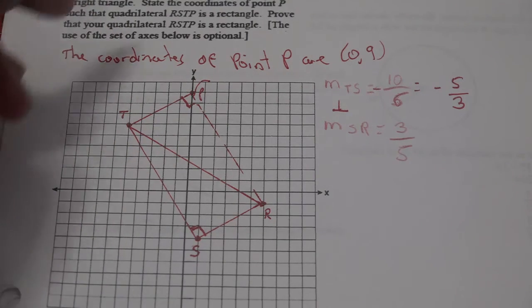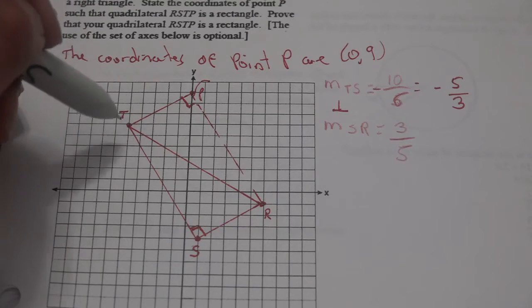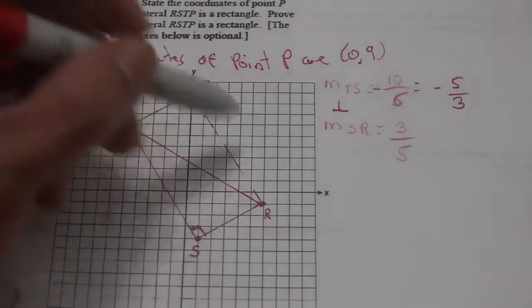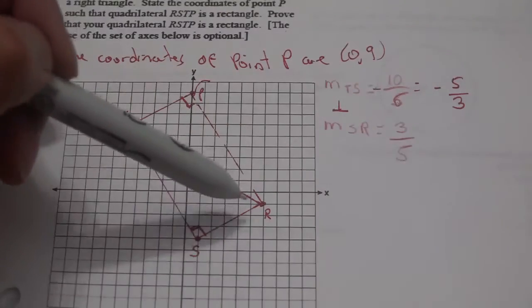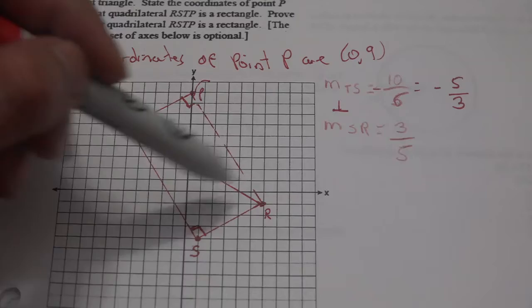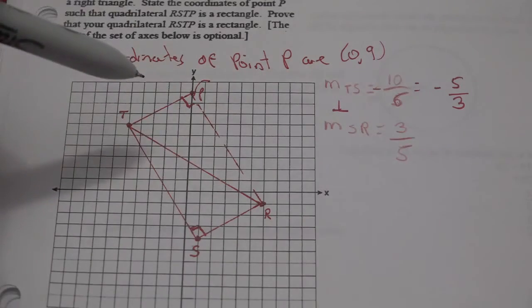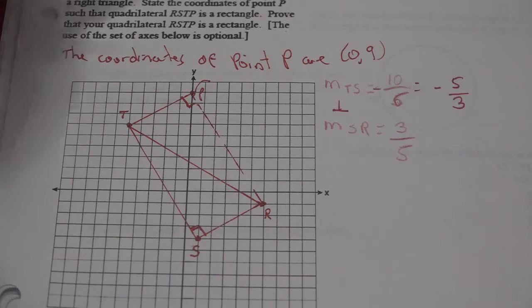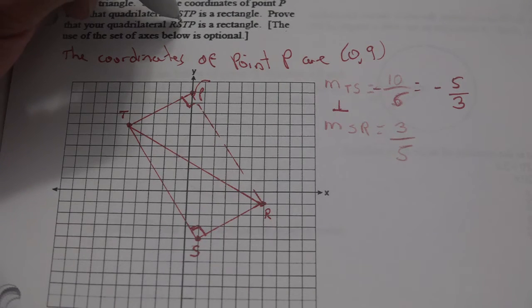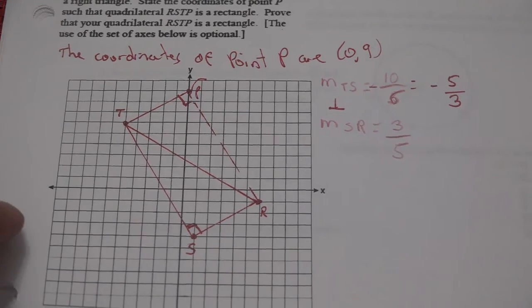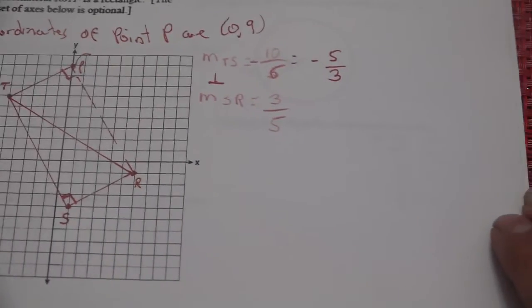Therefore, the slopes of TS and PR have to be -5 over 3 or -10 over 6. And the slopes of SR and TP are 3 over 5, both of them. Therefore, RSTP is a rectangle. Okay? So that's basically what you write. I hope you understood it.